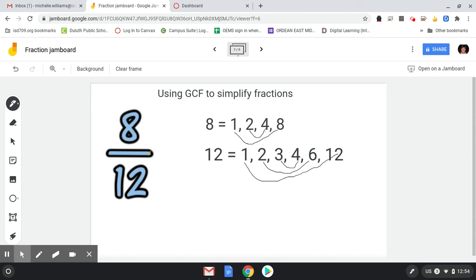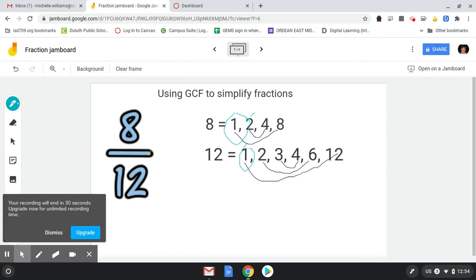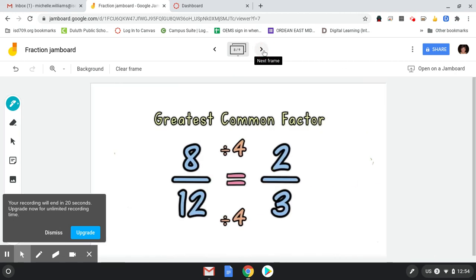So looking at the factors for both numbers, we notice that common factors for these are 1, 2, and 4, with our greatest common factor being 4. So if we divide both of these by 4, we get the simplest form of 8/12, which is 2/3.